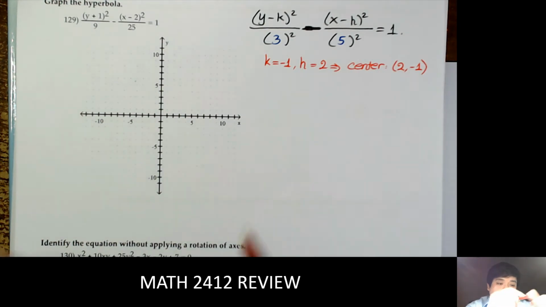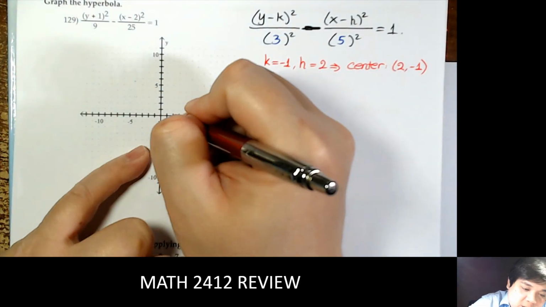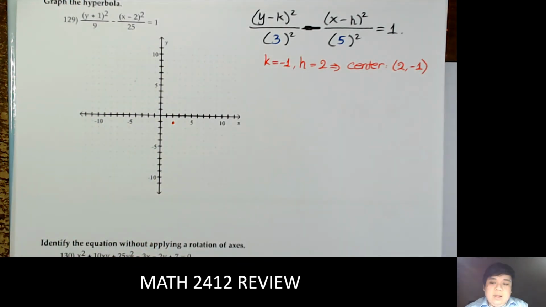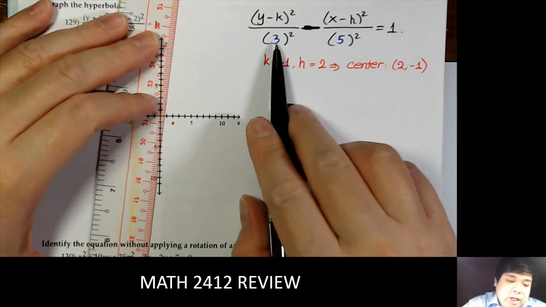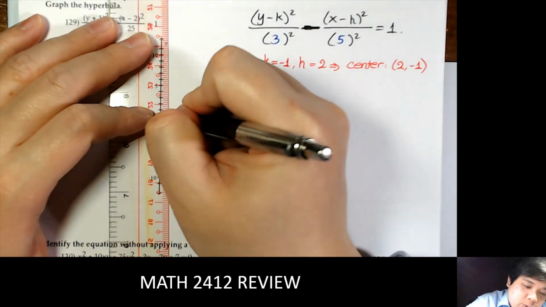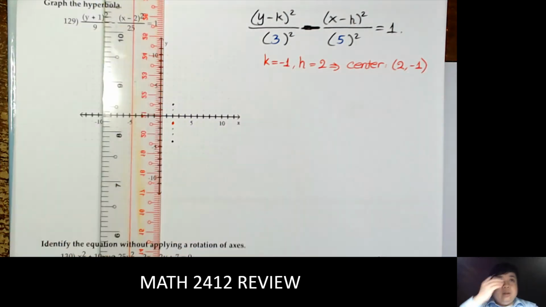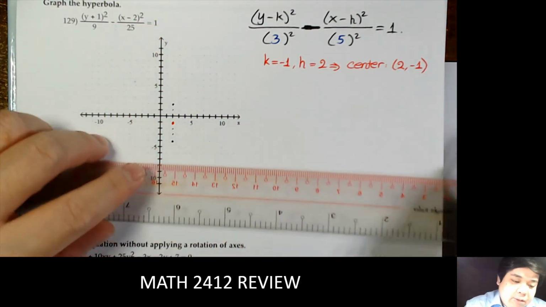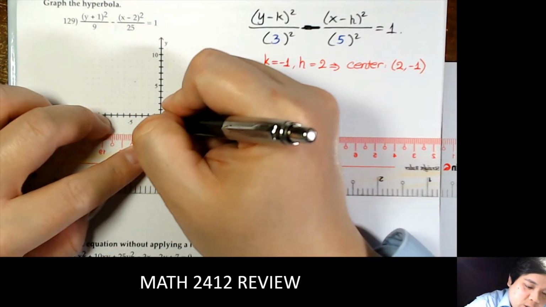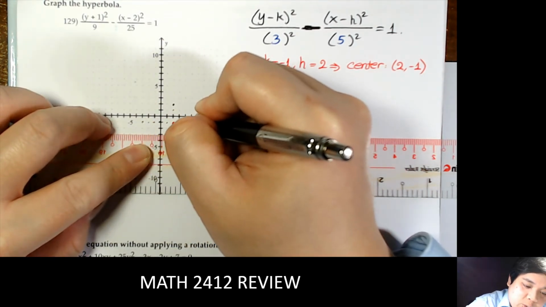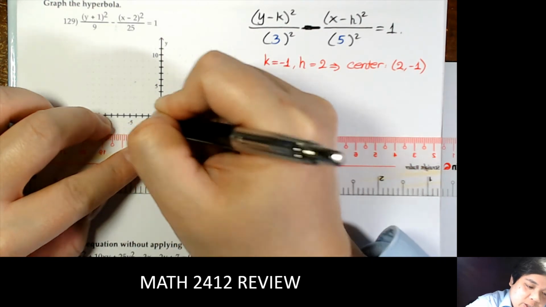So we start with the center 2 and negative 1. And then we will go up 3 and down 3. 1, 2, 3, 1, 2, 3. And then 5 units left and right. 1, 2, 3, 4, 5.